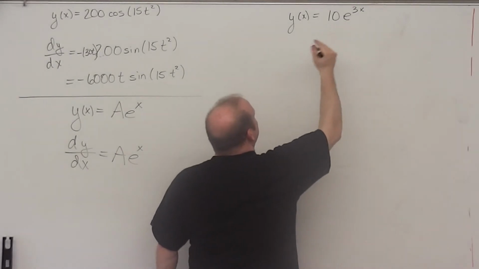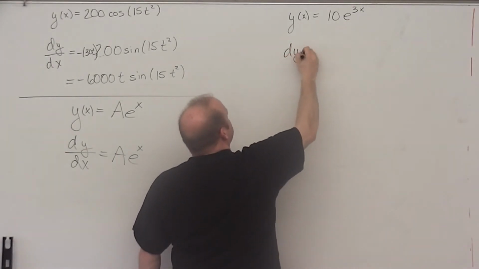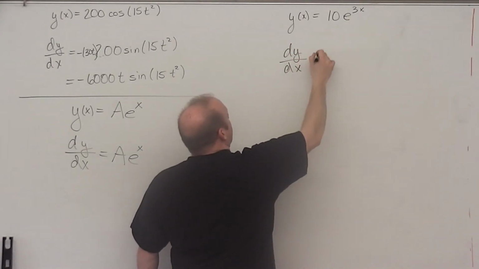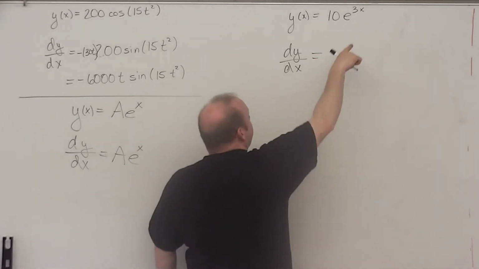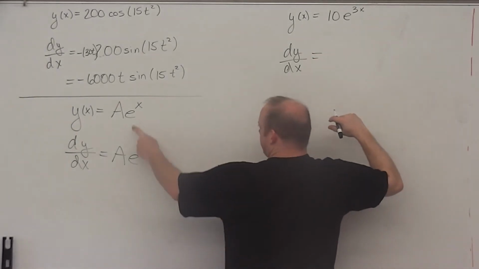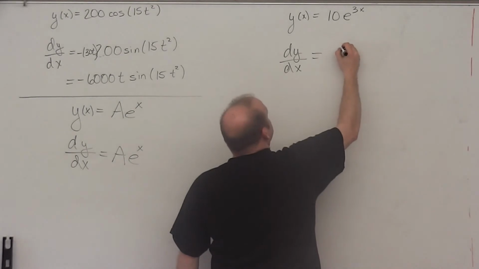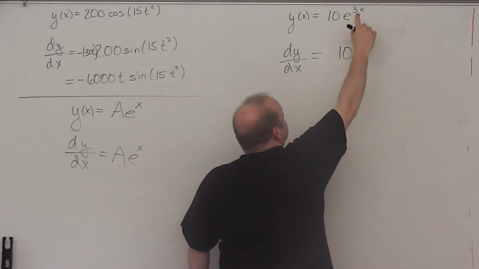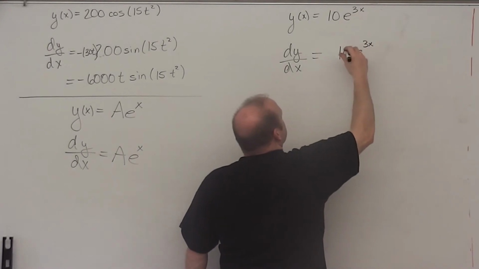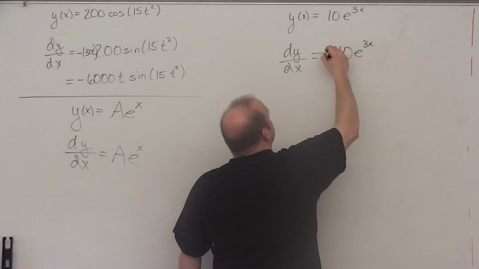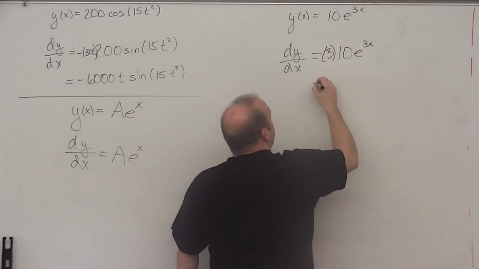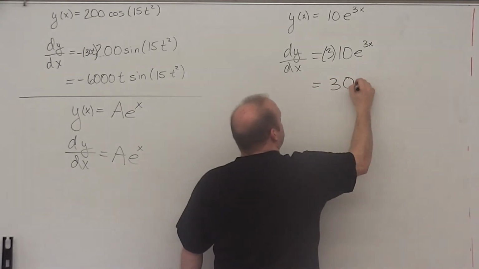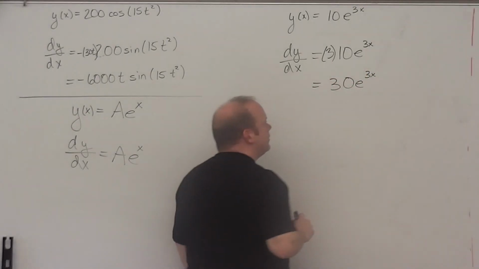So now dy/dx is just the function, since the derivative of an exponential is itself, so it's going to be the 10 e to the 3x times the derivative of this. The derivative of 3x is 3. So I wind up with 30 e to the 3x.